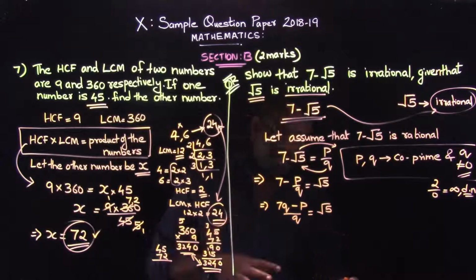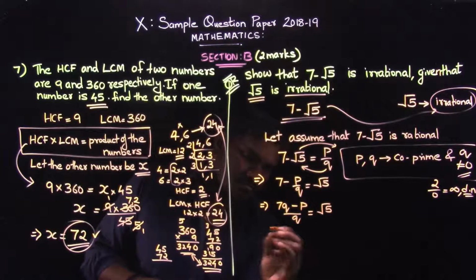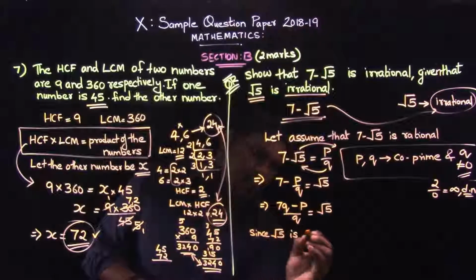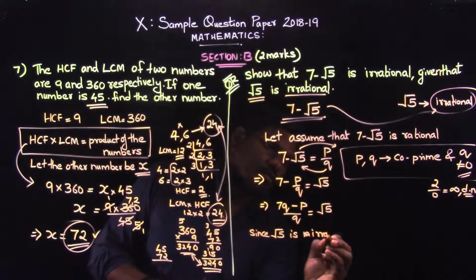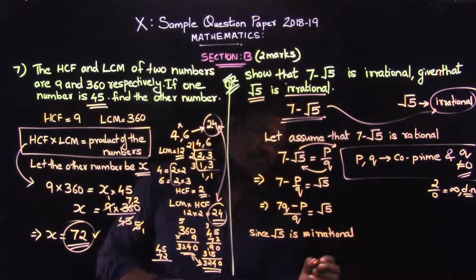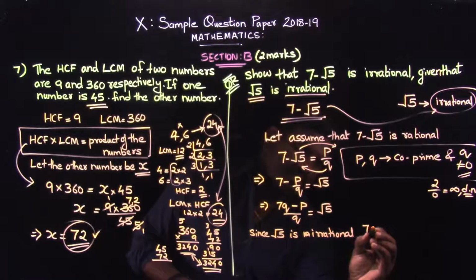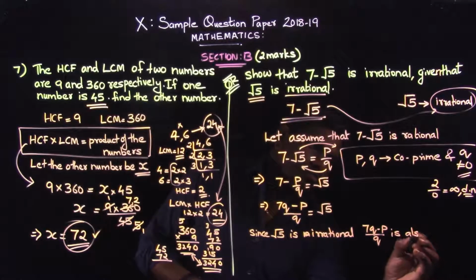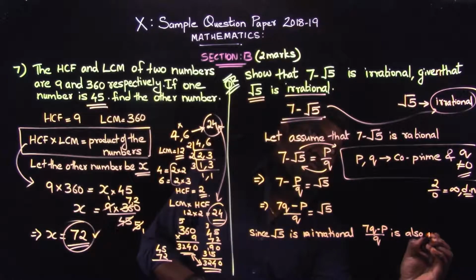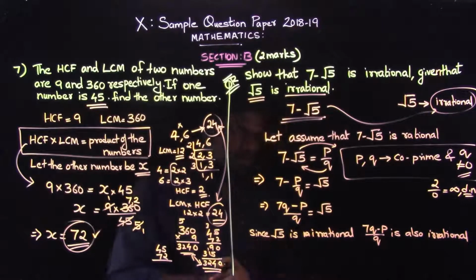So already you know that root 5 is not rational. Therefore, since root 5 is irrational, (7Q minus P) by Q is also irrational, isn't it?